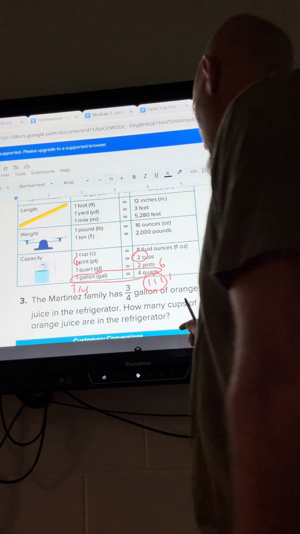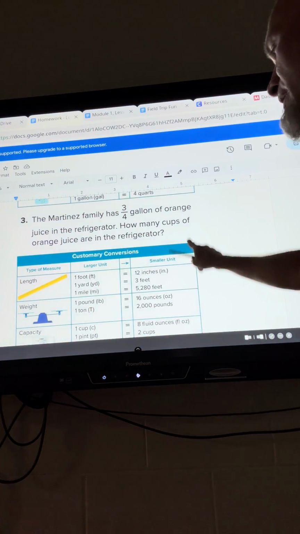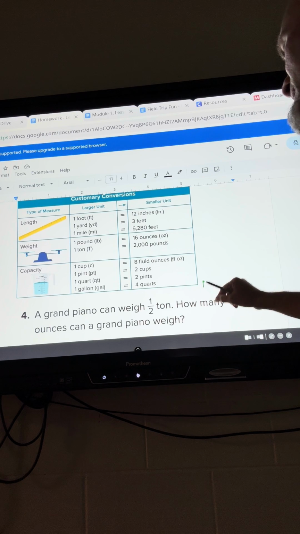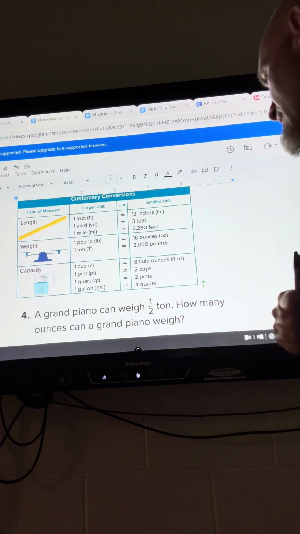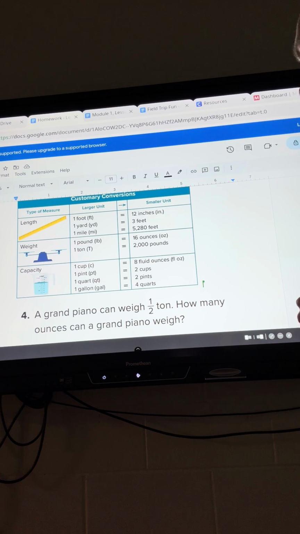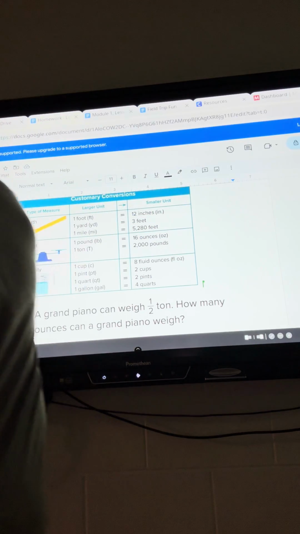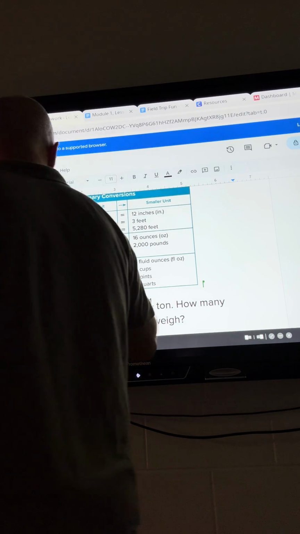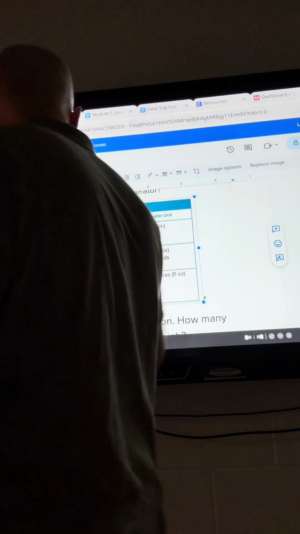Okay. All right, and then the last one, which is probably the easiest one out of all of them, I would think. A grand piano can weigh 1/2 of a ton. How many ounces can a grand piano weigh? So 1/2 of a ton, we know that 1 ton is 2,000 pounds. So 1/2 of a ton would be 1,000 pounds.